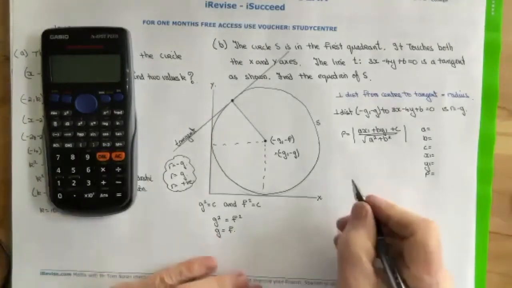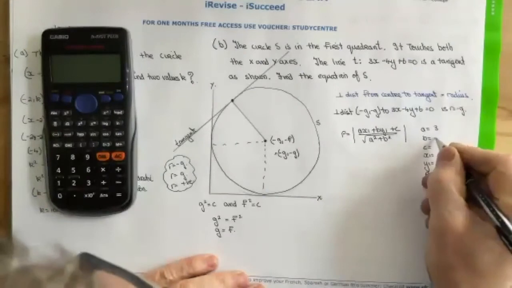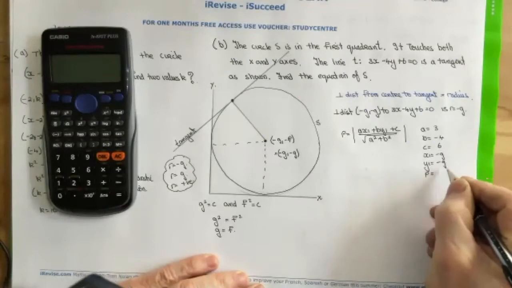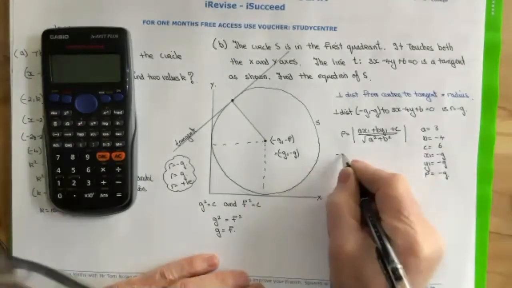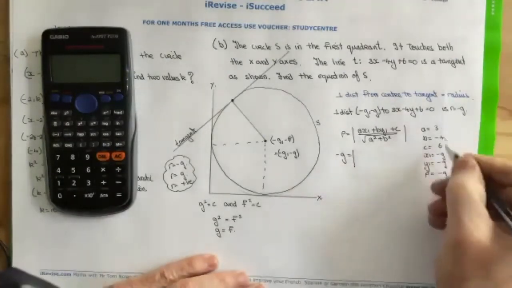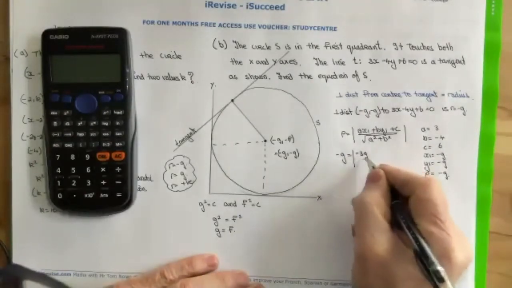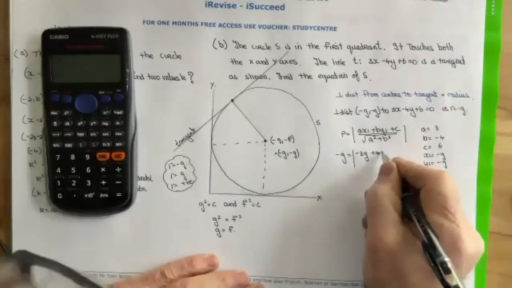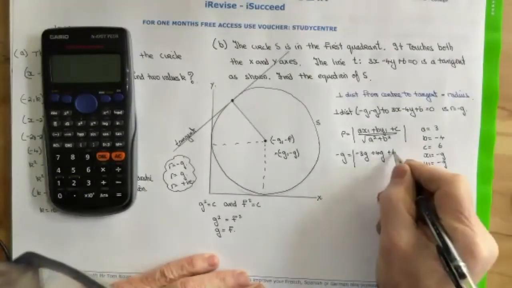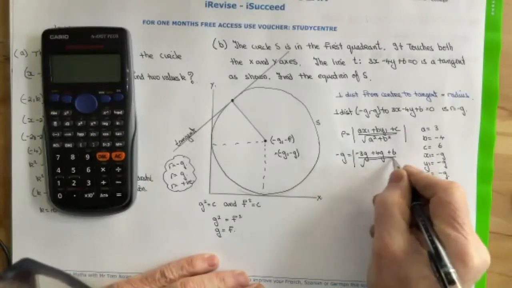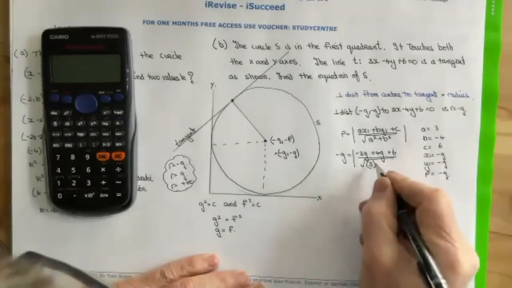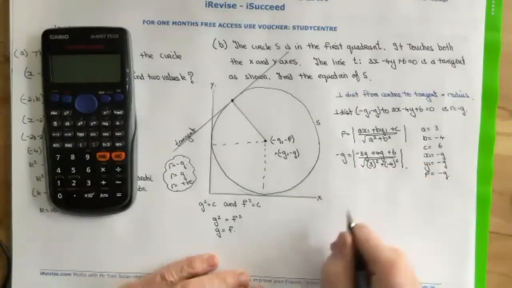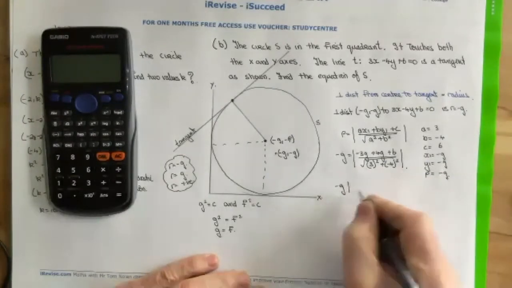Okay, so look at this. A is 3, B is minus 4, C is 6. That's minus g, that's minus g, minus g. Minus g is the length of A x1, minus 3g, and B y1, plus 4g, plus C, which is 6, all over the square root of A squared, which is 3 squared, and minus 4 squared.